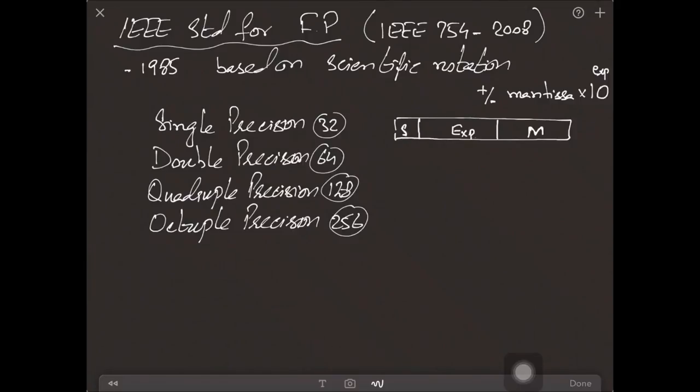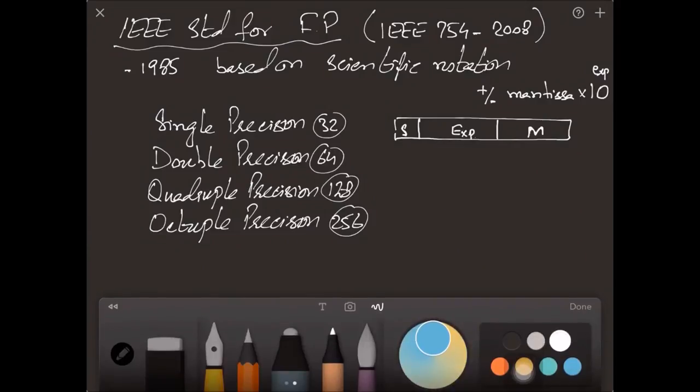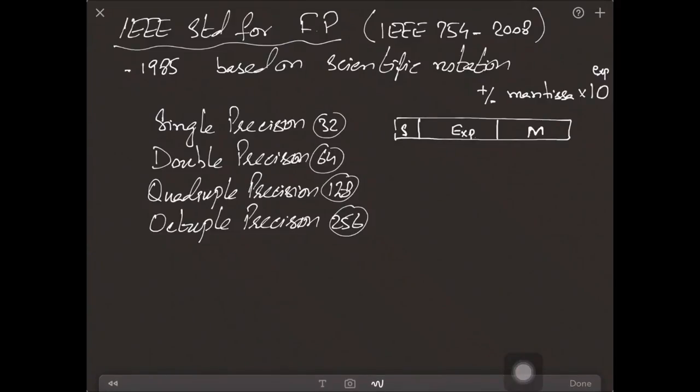So if we talk about single precision, 1 bit is reserved for the sign, 8 for the exponent, normally in excess 127 notation, and 23 for mantissa. If I talk about 64, 1 bit for sign is enough, 11 bits for exponent, and 52 bits for the mantissa.